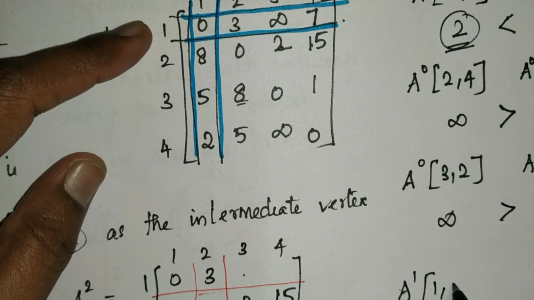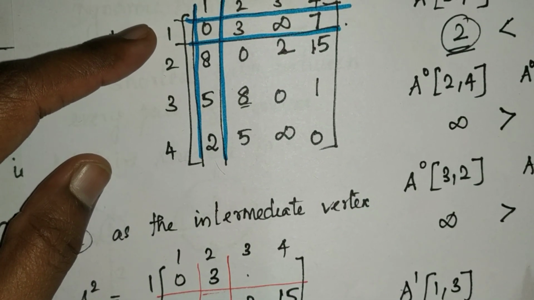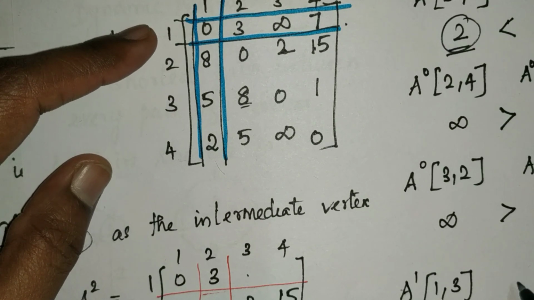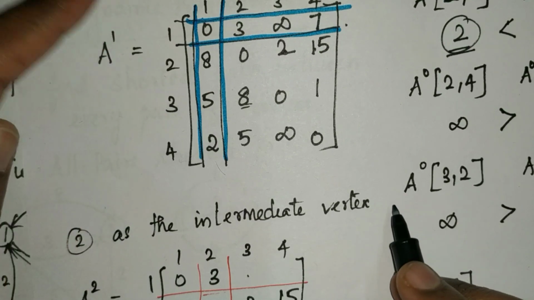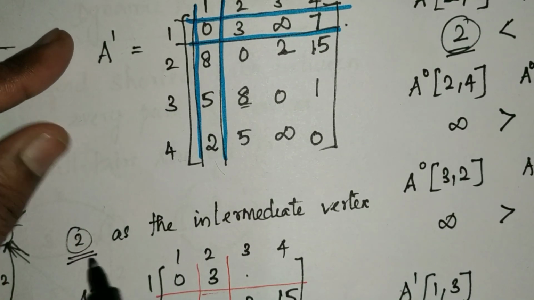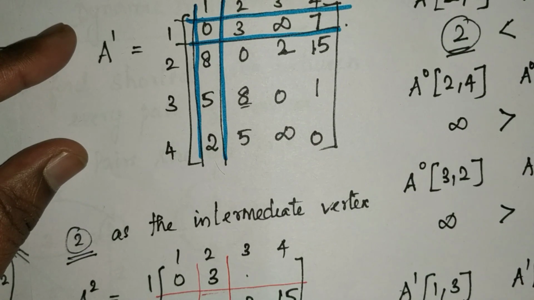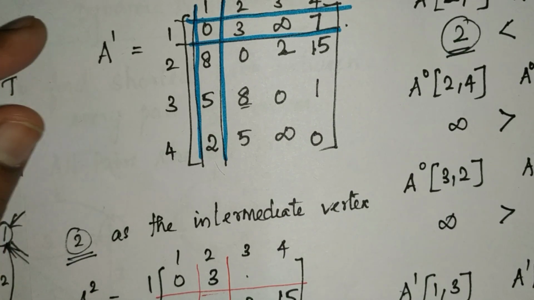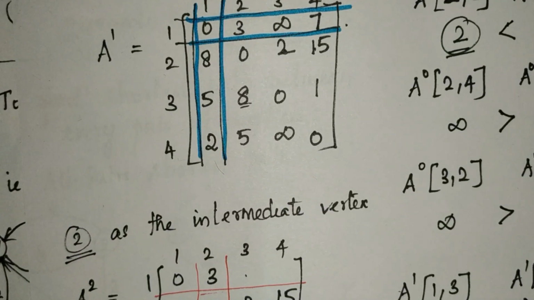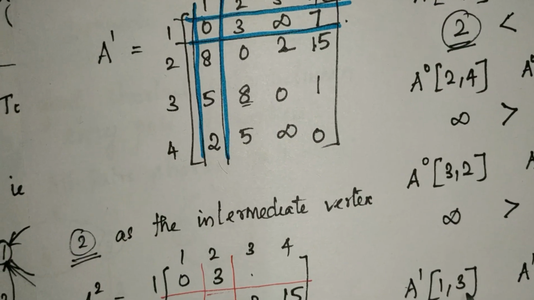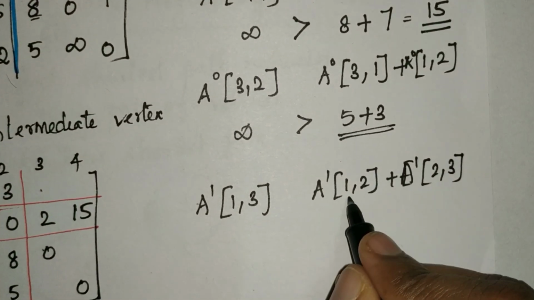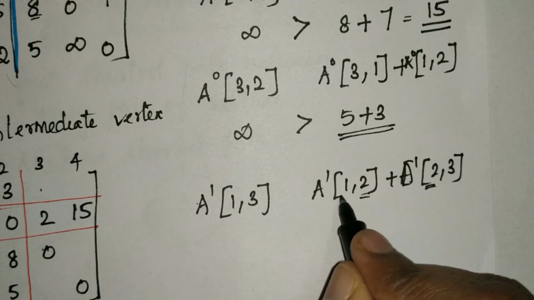A1 of 1,3, and we want to take the minimum value compared with going through the intermediate vertex 2, that is A1 of 1,2 plus A1 of 2,3. So from 1 to 3 we can go directly, or we can go through vertex 2.